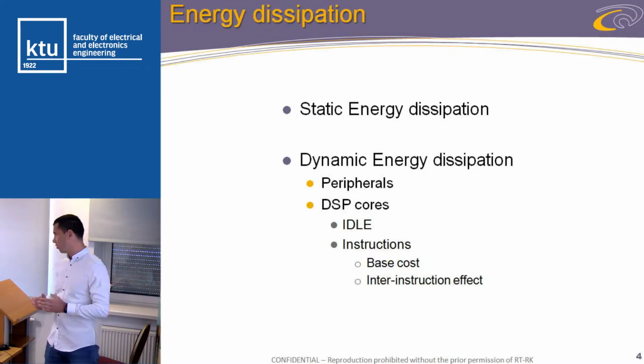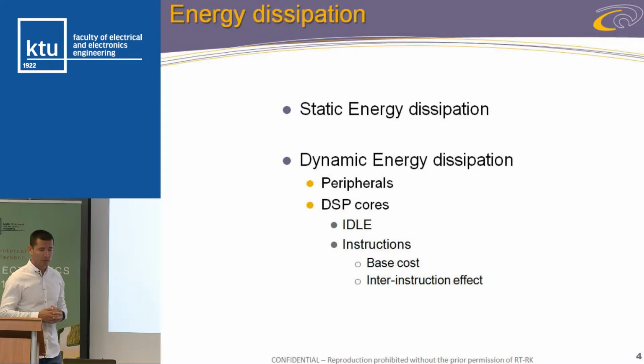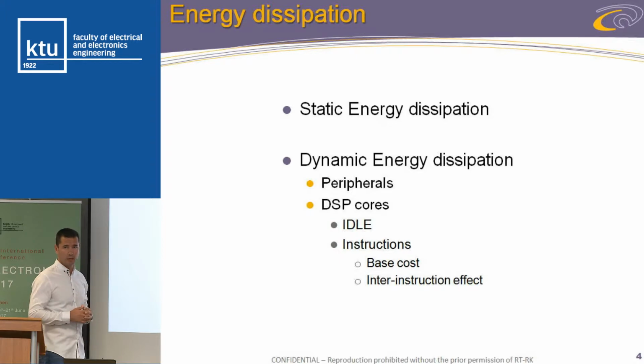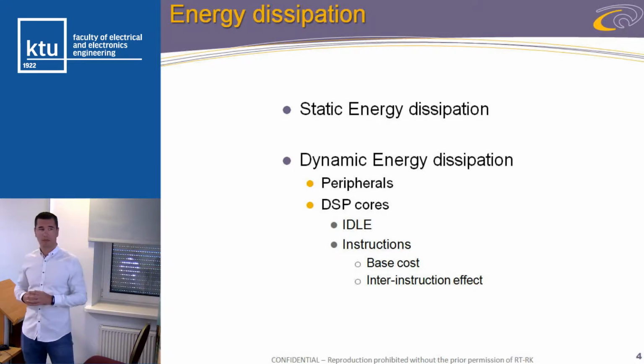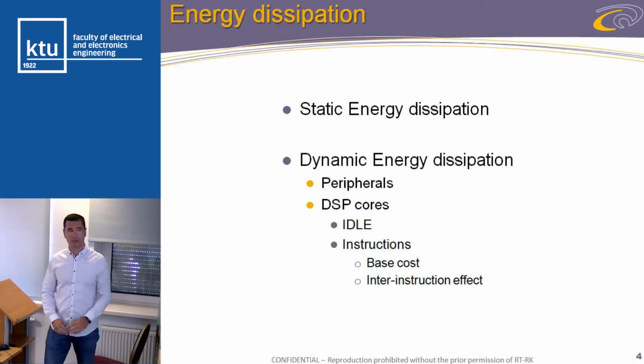In order to answer that question, we have to decompose energy dissipation to base components, and those are static energy dissipation and dynamic energy dissipation. And dynamic energy dissipation can be from active peripherals or DSP cores, and DSP cores dissipate energy while running in idle state or executing instructions.